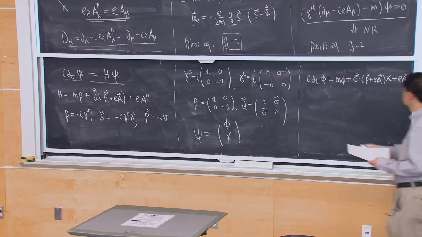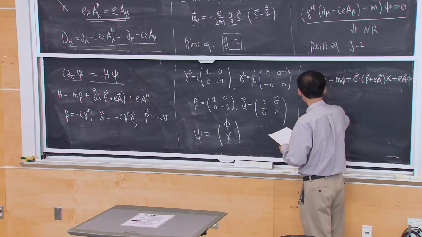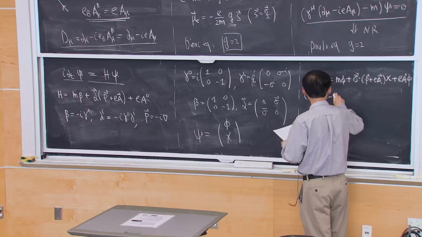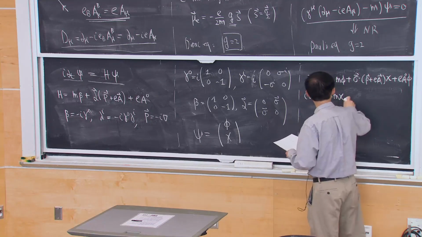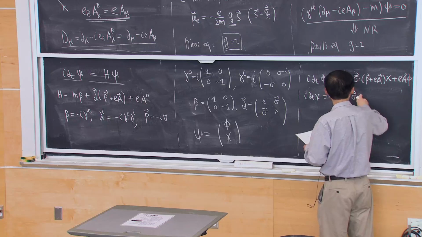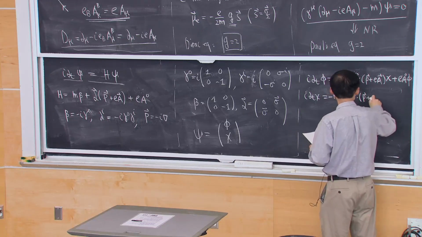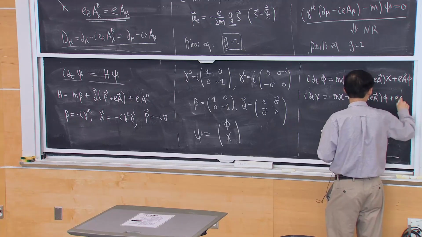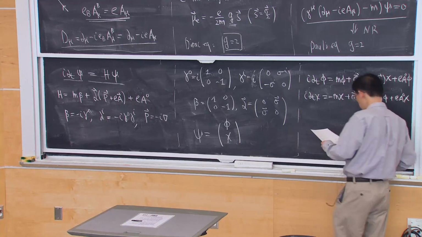And for chi, you get a similar equation, but here it is minus m chi plus sigma dot (p plus eA) phi plus eA0 chi.